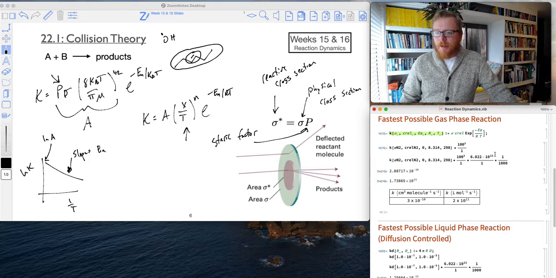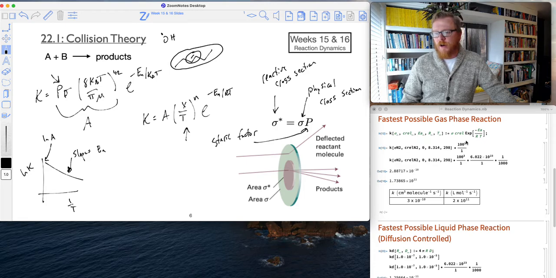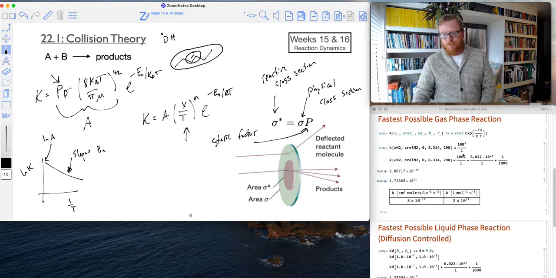I also wanted to convert this into our convention, cubic centimeter per molecule per second. Normally this gives us meter cubed per molecule per second, and this term right here, 100 cubed divided by 1, converts that into cubic centimeters.